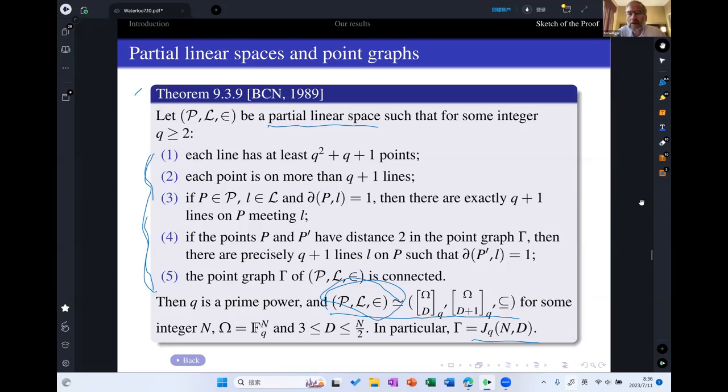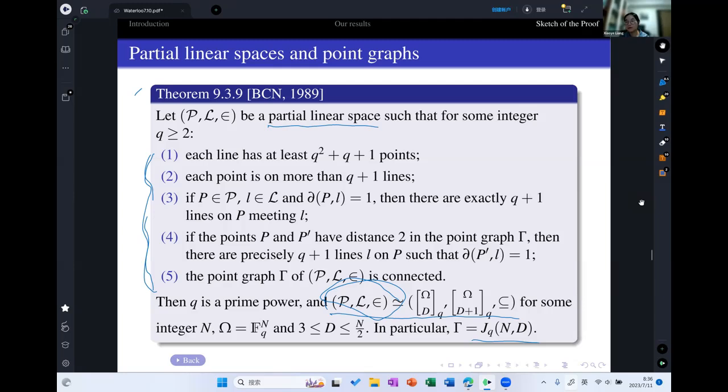So your results require some bounds on the diameter. Oh, we need the diameter large enough. Right. So why do you have to make that assumption? What goes wrong if the diameter is too small? Actually, if the diameter is small, the situation is complicated.